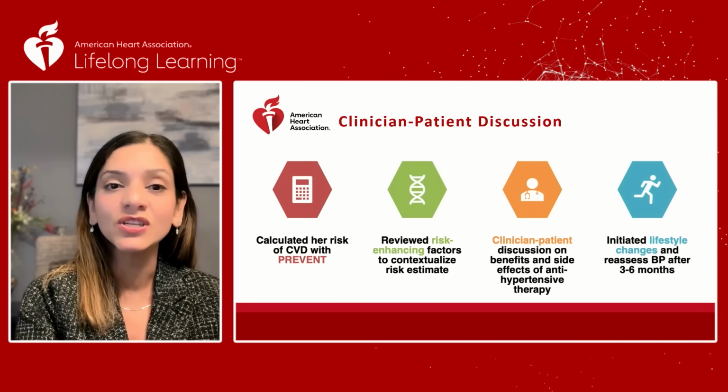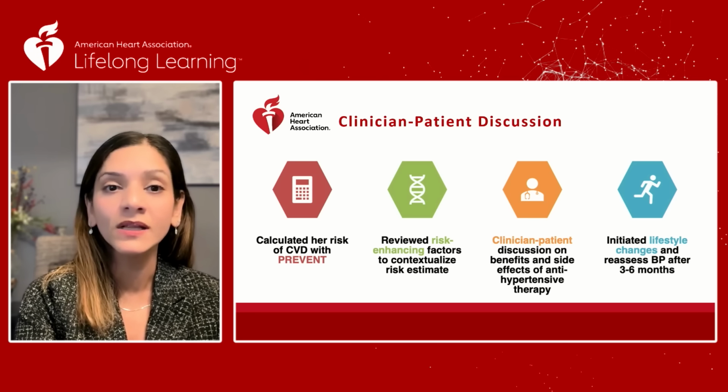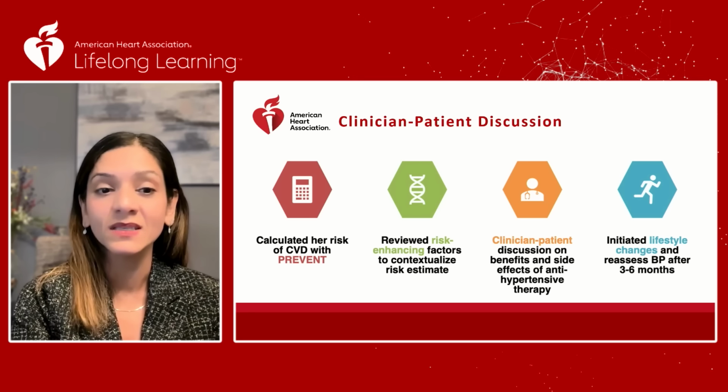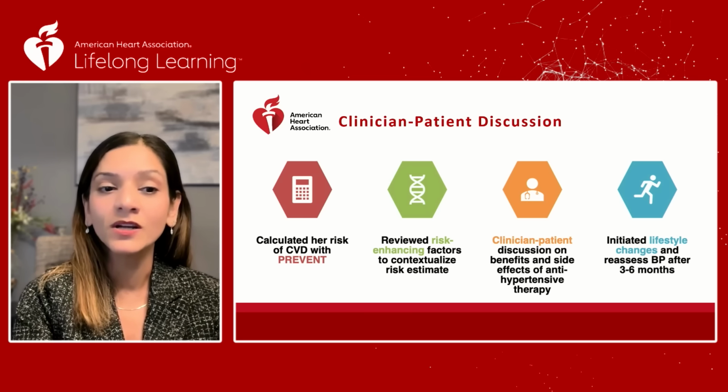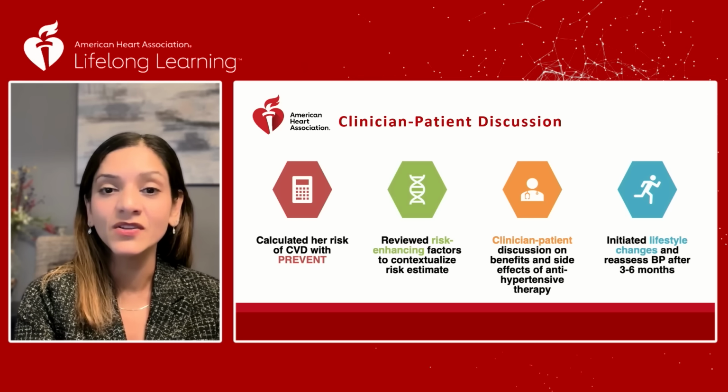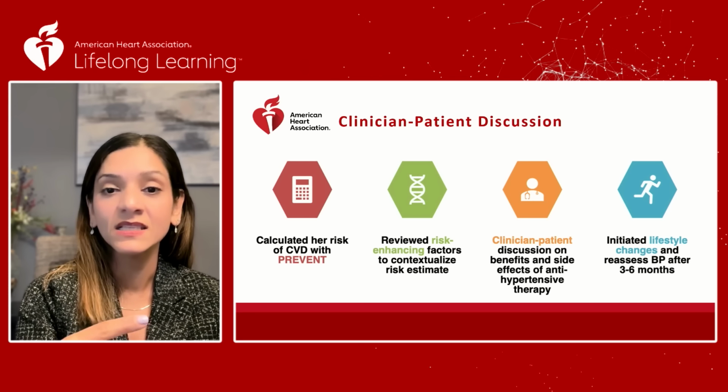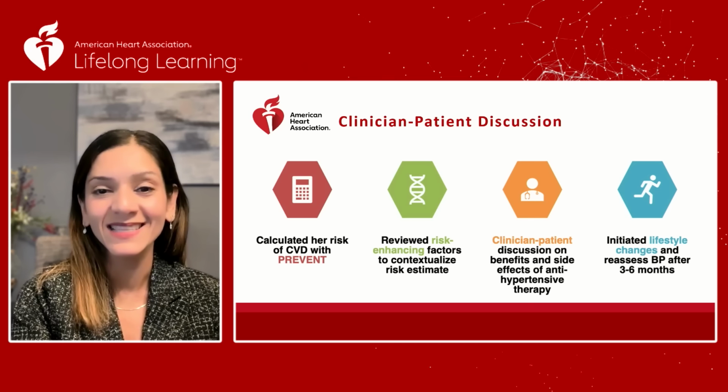And so the discussion leads to a recommendation for initiating lifestyle changes, but importantly, reassessing blood pressure again after 3 to 6 months. Because if the blood pressure remains elevated, we want to consider antihypertensive therapy at that time.